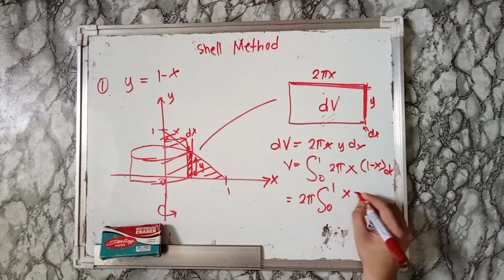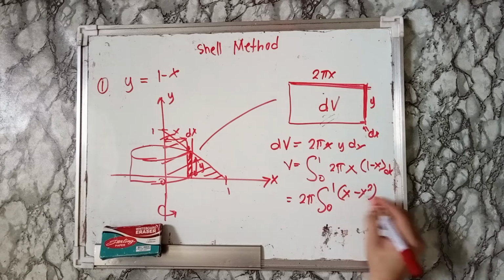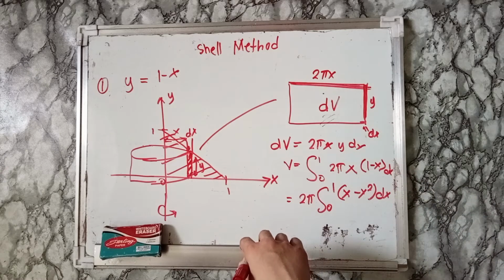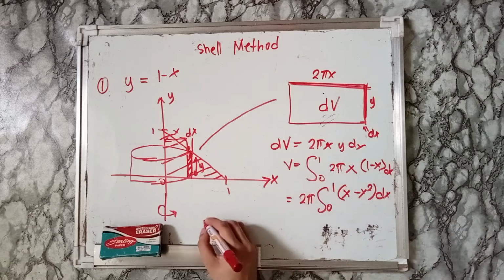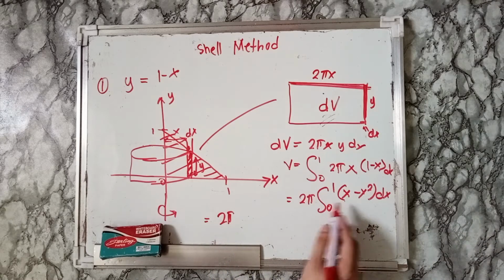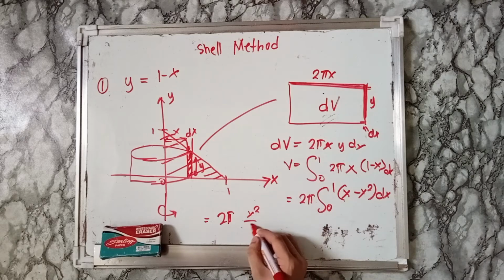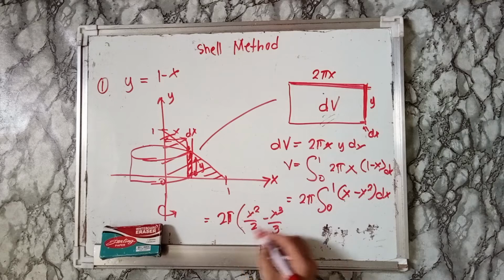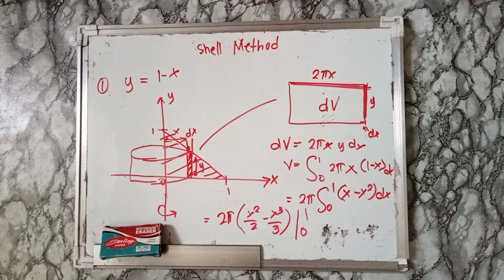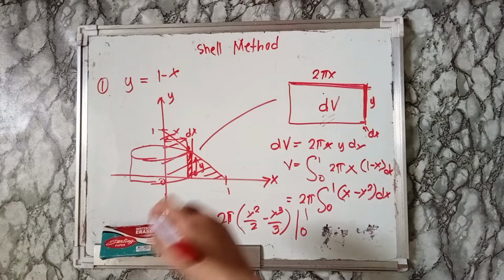So this is just x minus x squared, right? dx. Now this is just 2 pi times x squared over 2 minus x cubed over 3, right? With limits from 0 to 1.